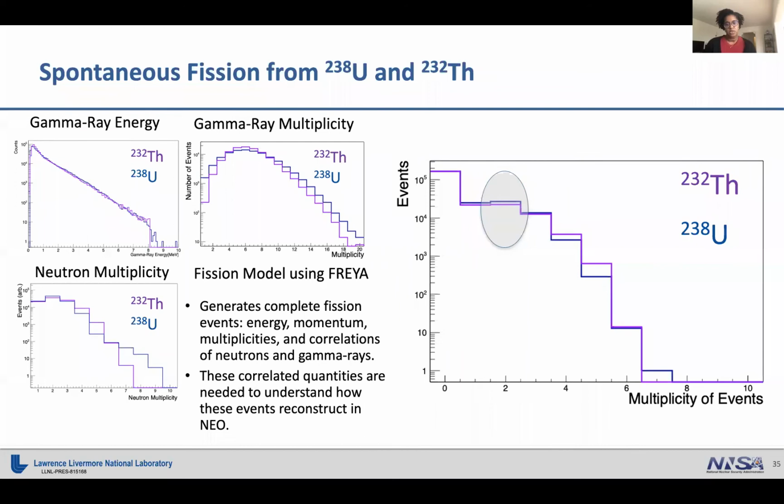Or if you were to see 2 neutrons in close time and space coincidence, that might also look like a signal. So we use the Freya fission model to correlate the gamma ray emissions as well as the neutron multiplicity distributions to understand what might still look like an inverse beta decay signal. And so for uranium-238 and thorium-232, we see this 2 multiplicity event, and that's how we actually determine our spontaneous fission background.